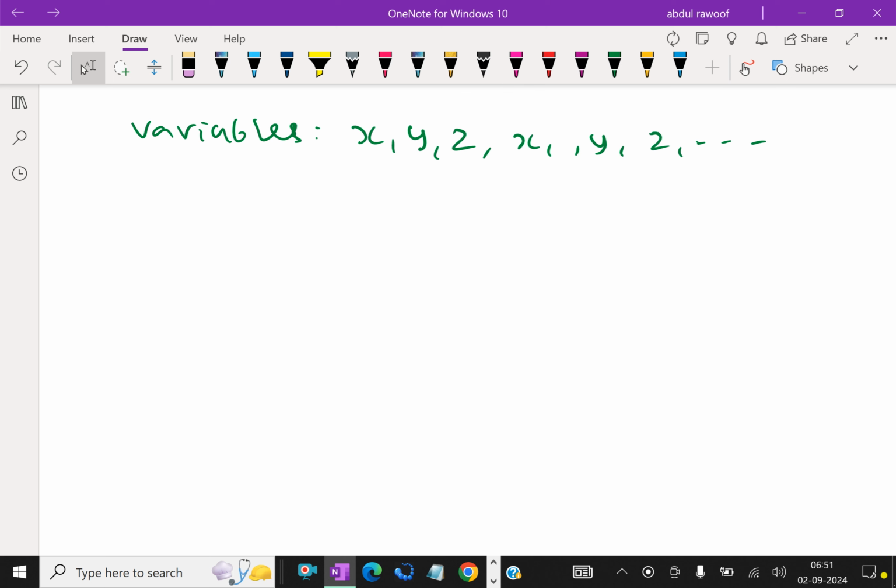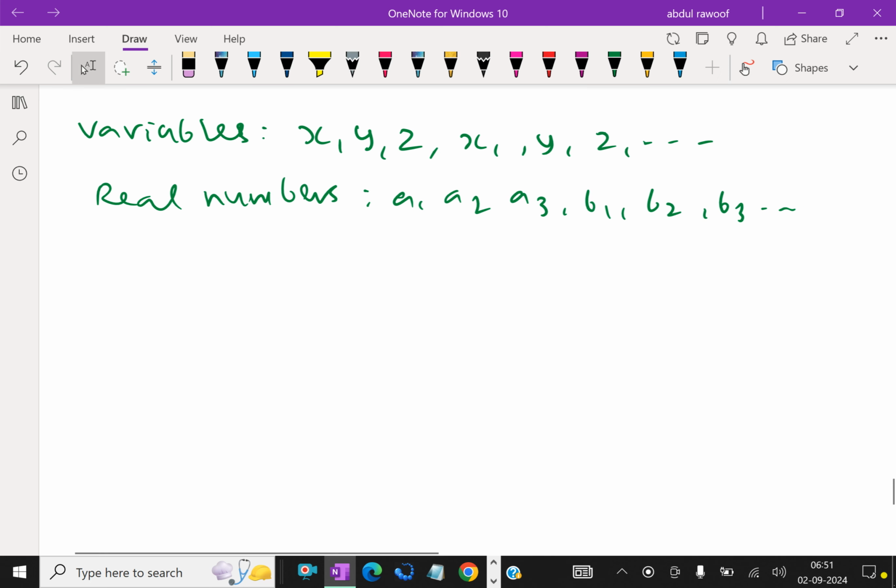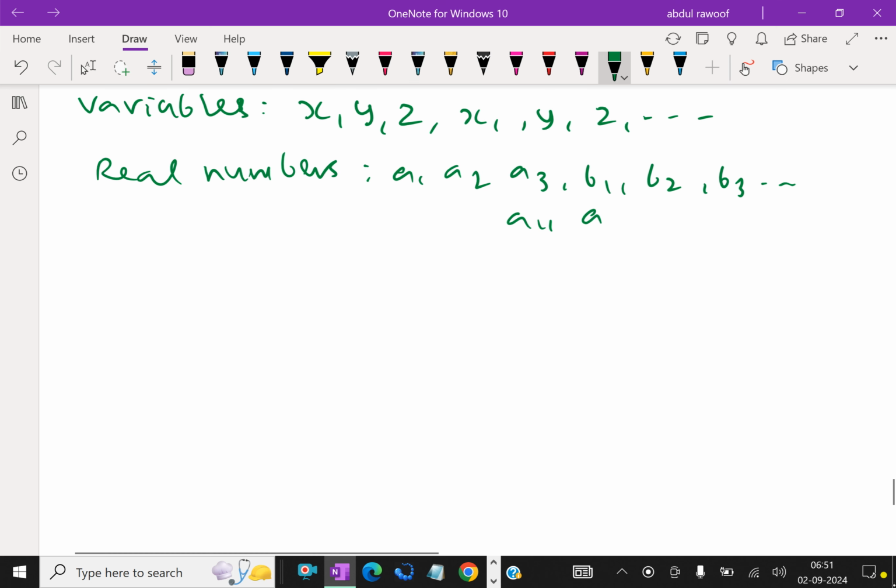Real numbers. Best in terms of A1, A2, A3, B1, B2, B3, like. Even A11, A12, A13, like we can tell these are real numbers.